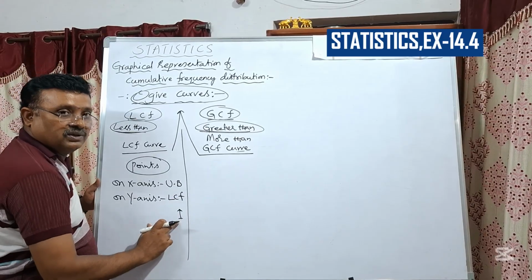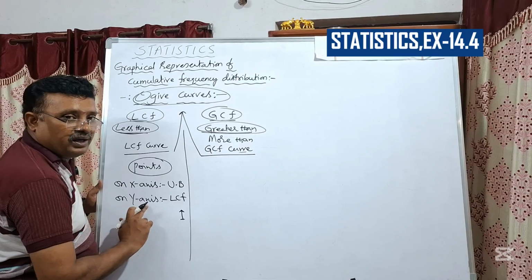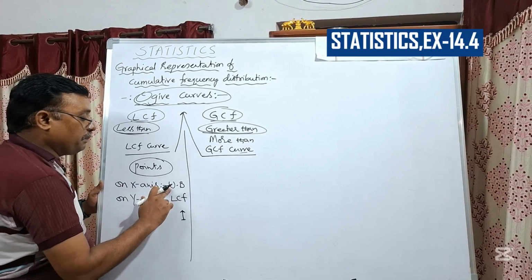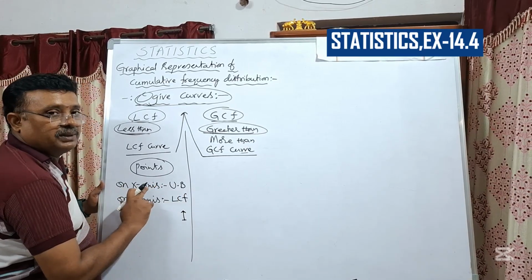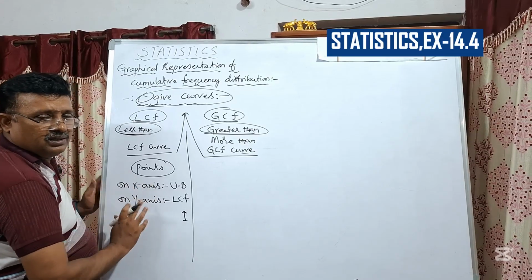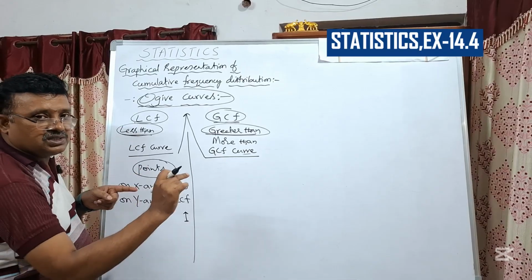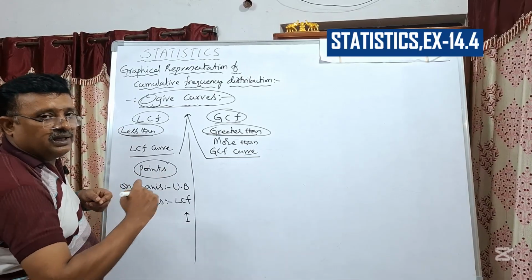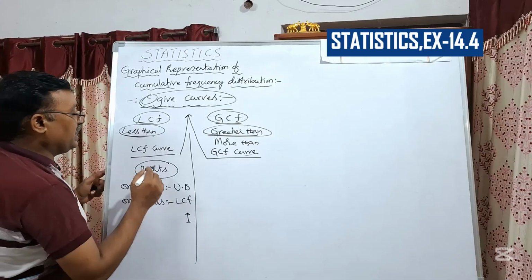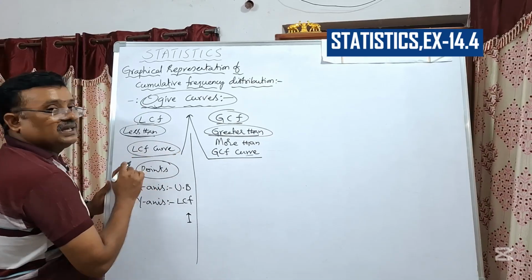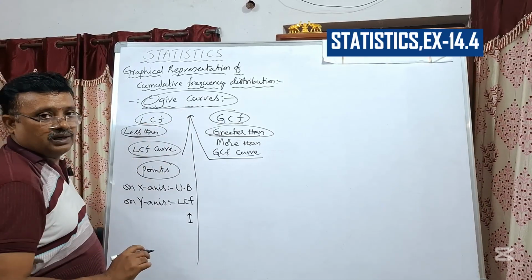That LCF will be taken on the y-axis and upper boundaries of the class intervals on the x-axis. Together they give us points. Plot them in the Cartesian system and join them with a smooth curve to get the required LCF curve, which is also called the ogive curve.